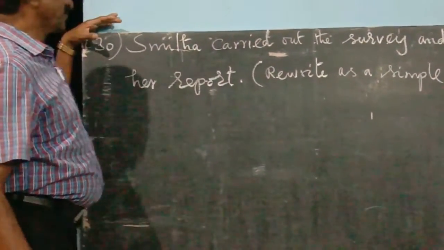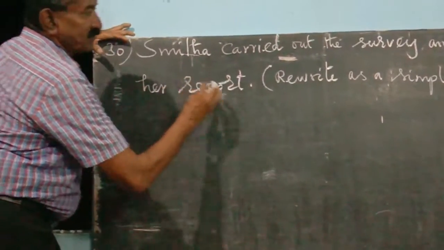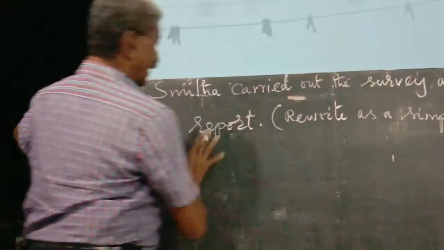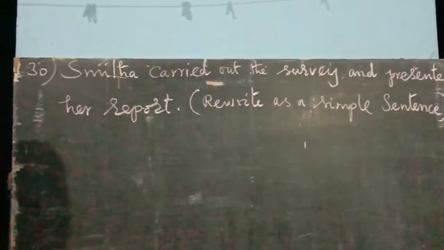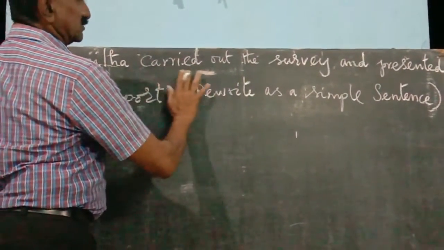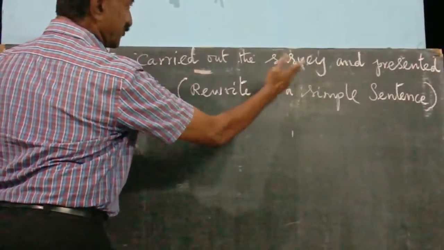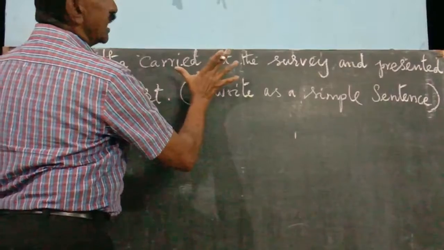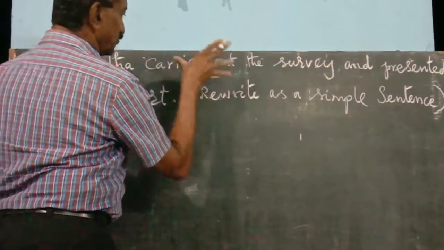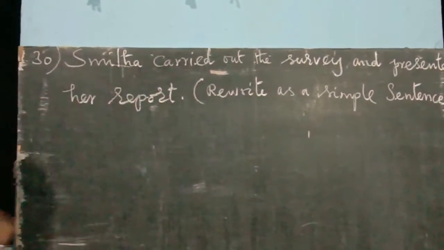Kindly listen. See, presented a report. Let us keep that as the main clause. Here we will have to do some work. Let us change the other clause into a phrase. You can easily create it.